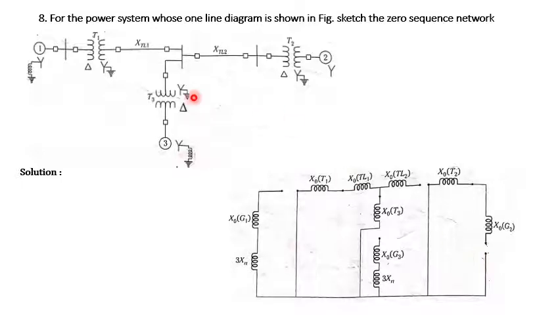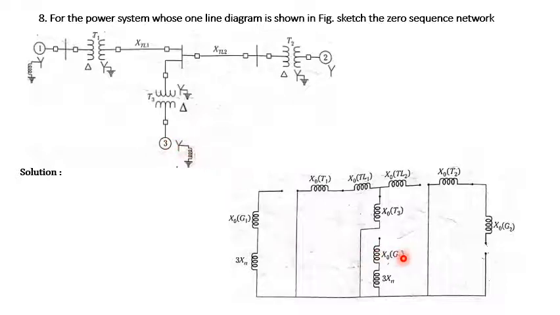Coming back to this transformer, it is connected between XTL1 and XTL2. This is X0 of the transformer T3, where X0 means zero sequence reactance. The primary is star, so we need to close the series switch. The secondary is delta, so the secondary should connect to the reference. This is our reference. Then the motor is star grounded.